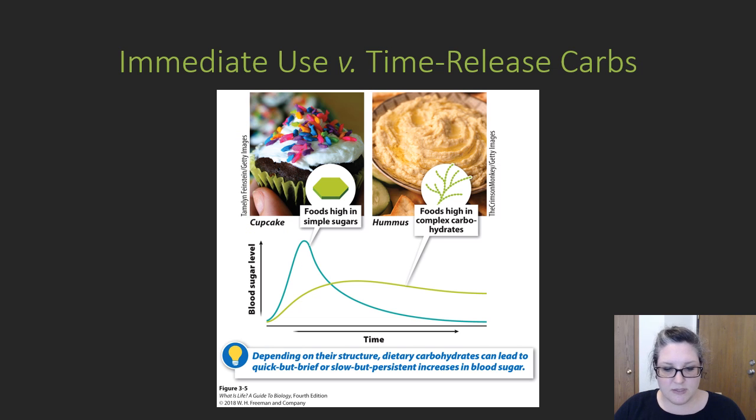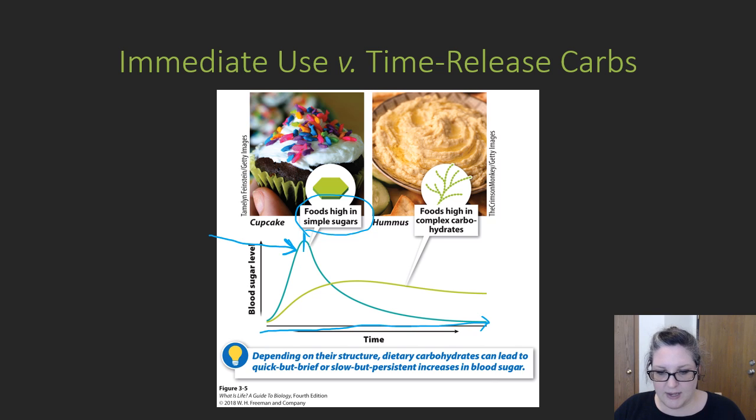If we take a look at this image from your text, figure 3.5, I really like this image because it demonstrates exactly what they mean by time release. This blue curve here, as you see, has a peak that's pretty quick. If time moves to the right, then we see this peak happen early in foods high in simple sugars like glucose and fructose and sucrose even.